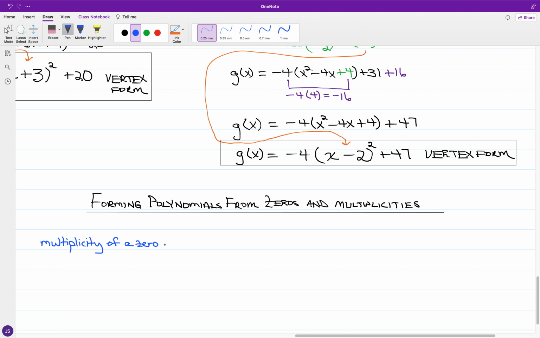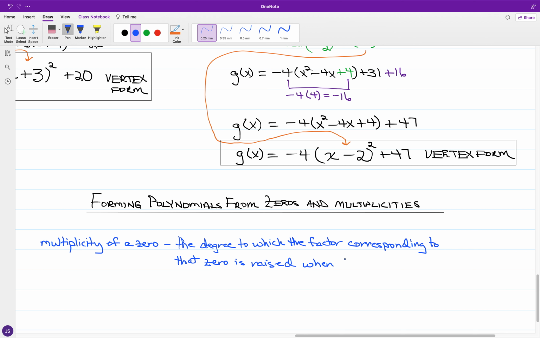In the case of the multiplicity of a zero, this is going to be regarded as the degree to which the factor corresponding to that zero is raised when f of x, or whatever our function is, is expressed in factored form.